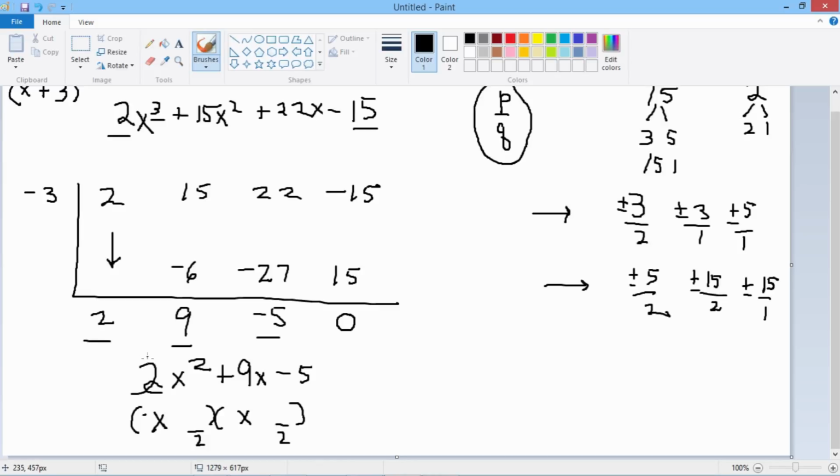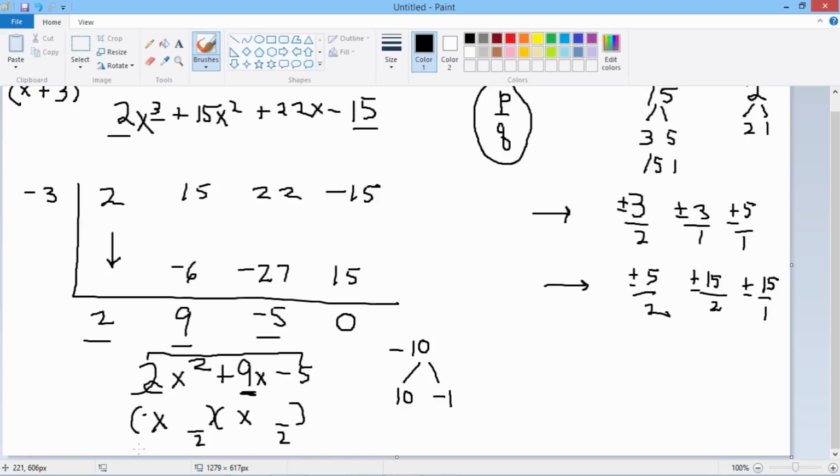All right, so I take the leading coefficient 2, multiply it by the constant, negative 5, and I come up with negative 10 in this case. Now I want to find the factors of that number which add up to the coefficient in front of the linear term. Well, in this case, I know that I can use 10 and negative 1, because 10 times negative 1 is negative 10, and 10 minus 1 is 9, so that works.